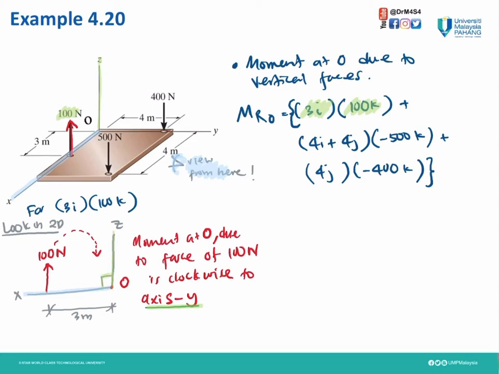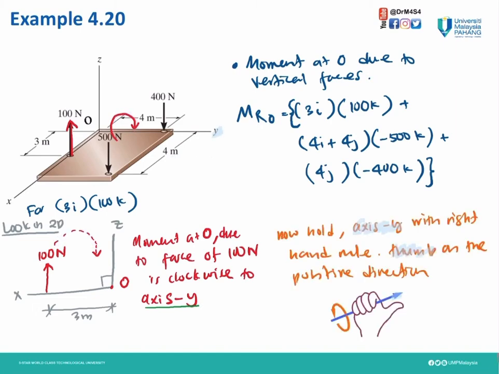So for 100 to get to point O, it will be clockwise to axis Y. Therefore, we can draw this direction in here, clockwise. Now hold the right hand rule on the Y-axis, then thumb on the positive direction. Then we will have another direction here.